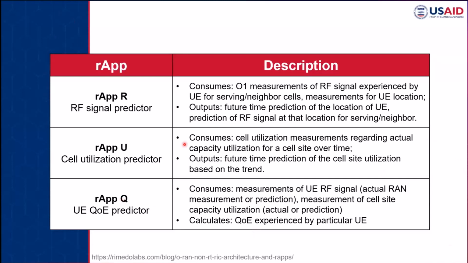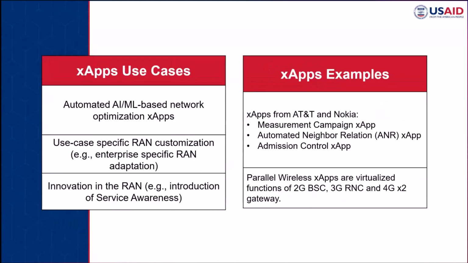So those are the examples of the R apps. For the X apps, this was mentioned earlier. Some of the examples here are the measurement campaign X app, the automated neighbor relation or ANR X app, and the admission control X app.